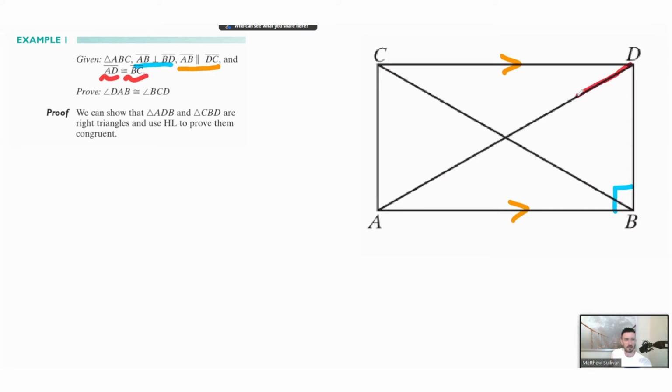Well, AD is going to be a hypotenuse, and BC is also a hypotenuse. So those are congruent. In order to mark that up, I could just say that this one going across is equal to the other one going across.